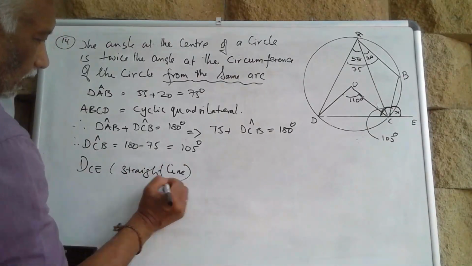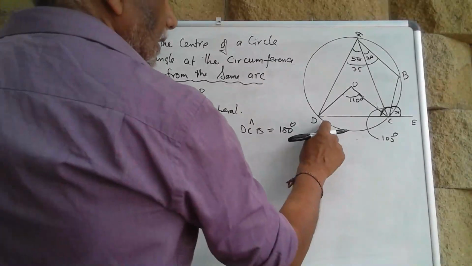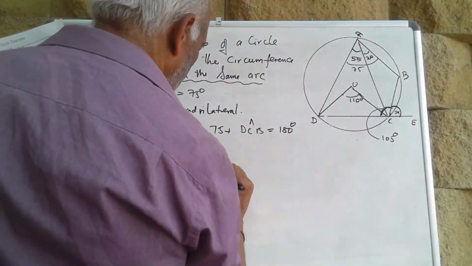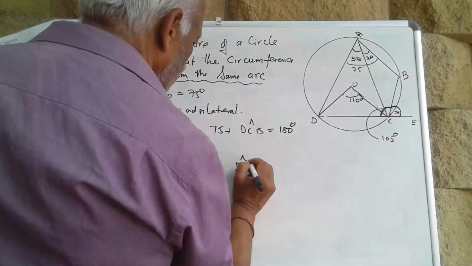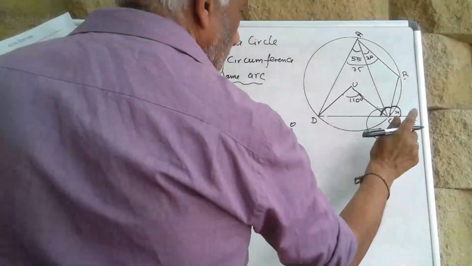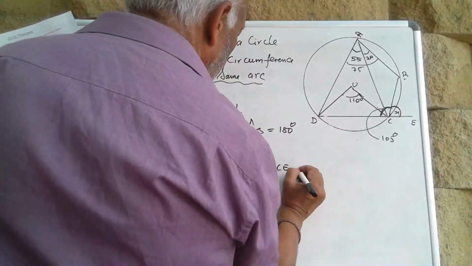In that case, angle DCB plus angle BCE equals 180.